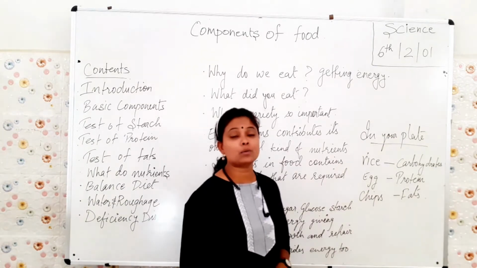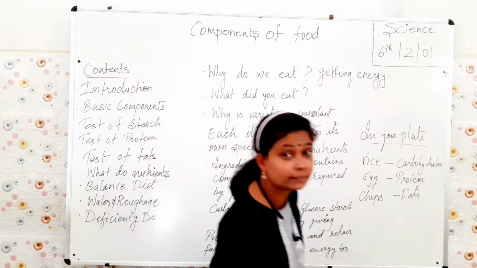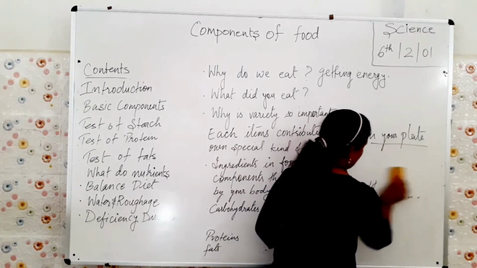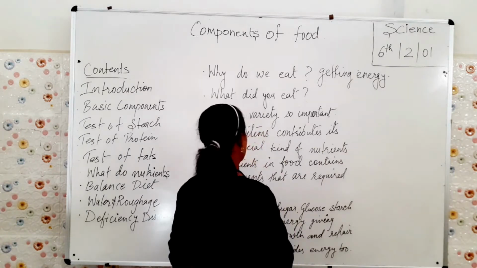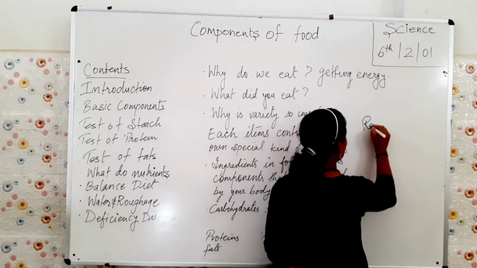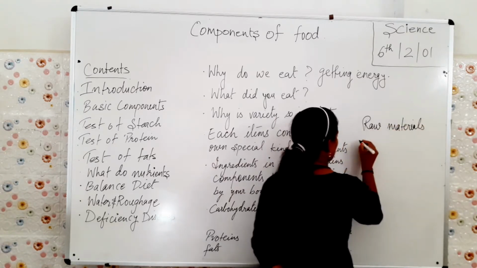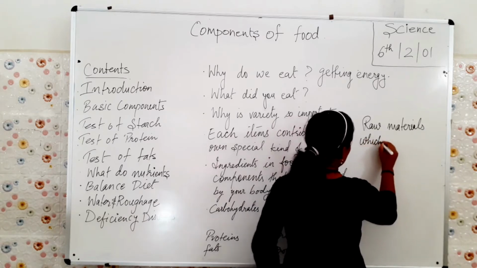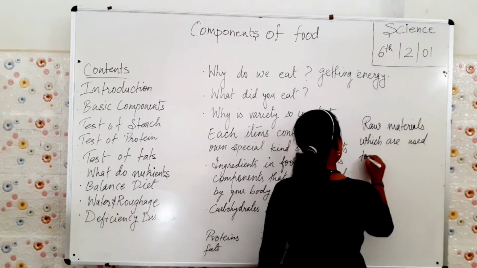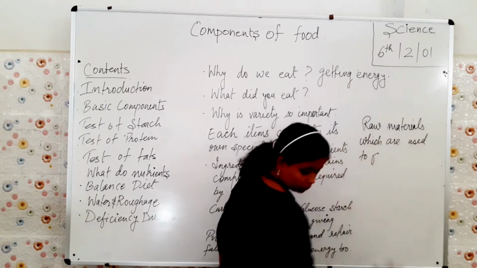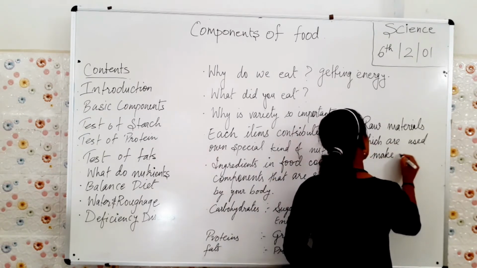Now, ingredients. We have discussed ingredients. Now, can you tell me the specific definition of ingredients? Yes. Okay. Now I am ready for you. I know you know it still. Let's try. What are ingredients? So the raw materials which are used to make food.